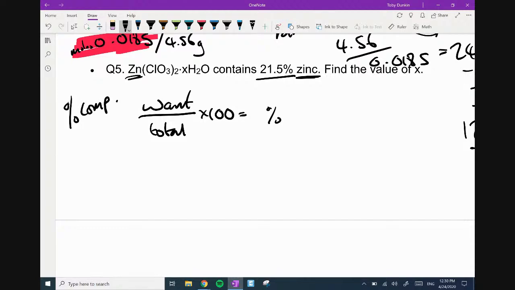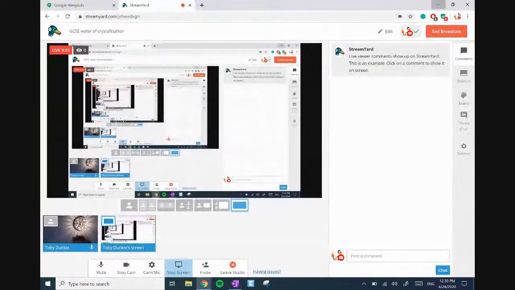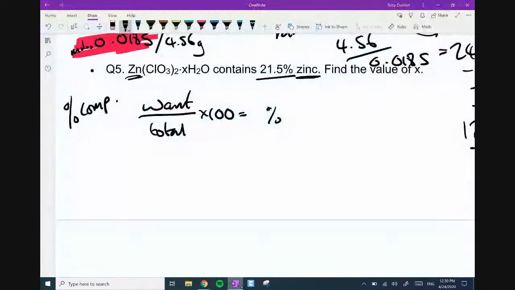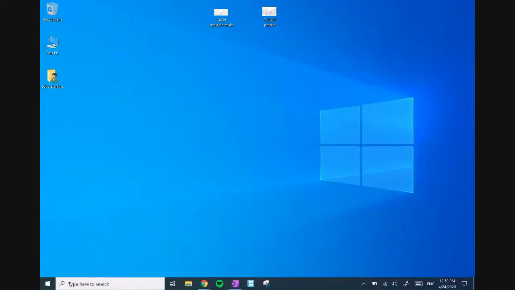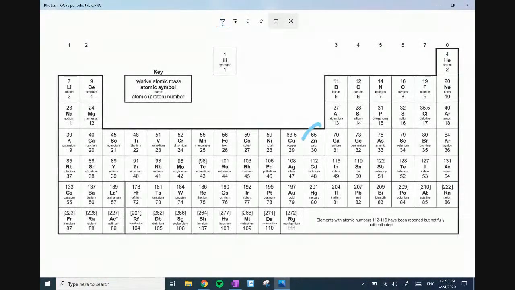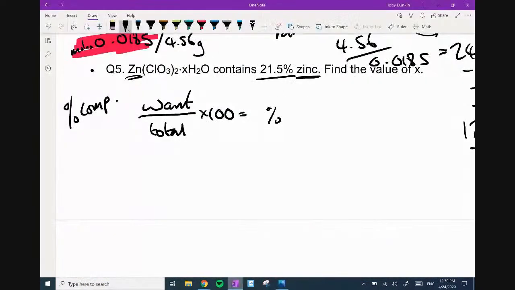Zinc is 65, I believe. Sorry, I'm flicking between tables. Zinc is 65, there we go, and there's one of them. So therefore, zinc 65 over the total.